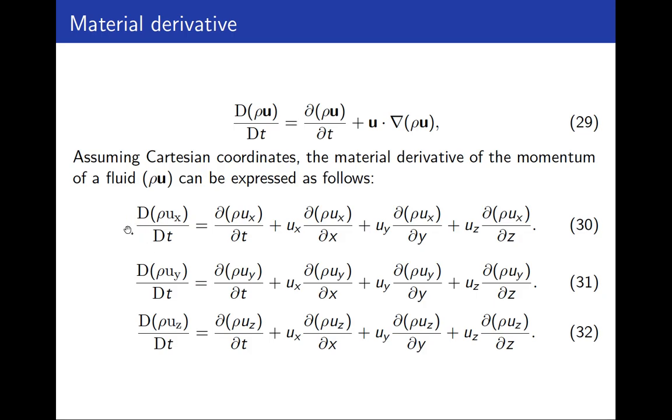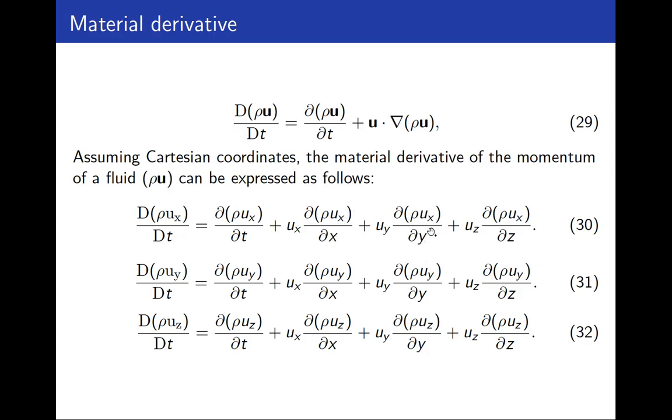So let's analyze the equation for the material derivative in the x direction. We are studying how the velocity in the x direction is going to vary with time, but also the spatial variation of this velocity field. The velocity in the x direction varies in the x direction, in the direction of the velocity, so the three indices are the same.